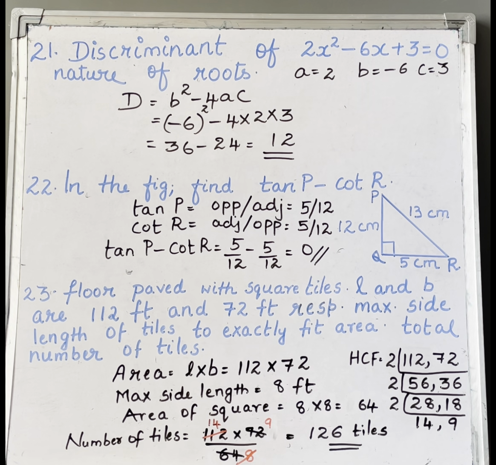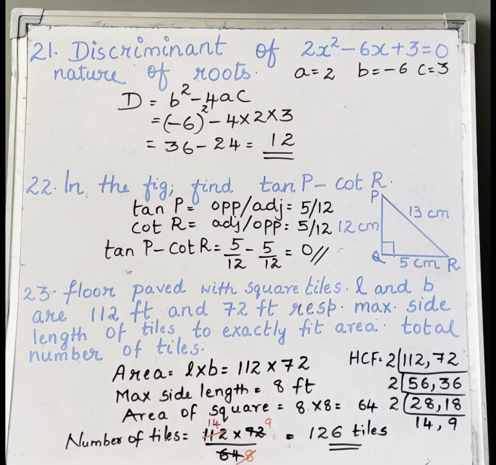We move on to the next question. Find the discriminant of quadratic equation 2x square minus 6x plus 3 equal to 0. The standard form of a quadratic equation is ax square plus bx plus c equal to 0, where a is the coefficient of x square, b is the coefficient of x, and c is the constant.